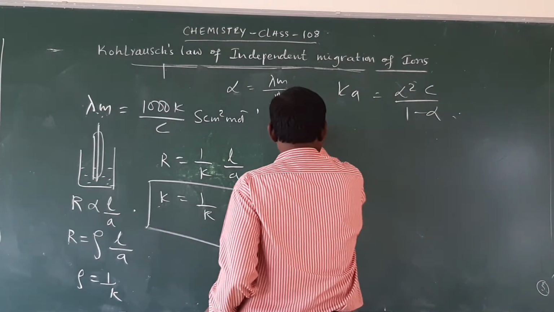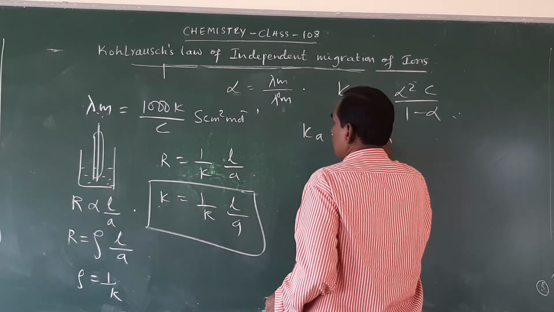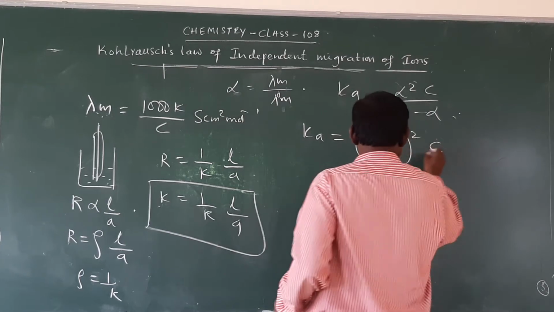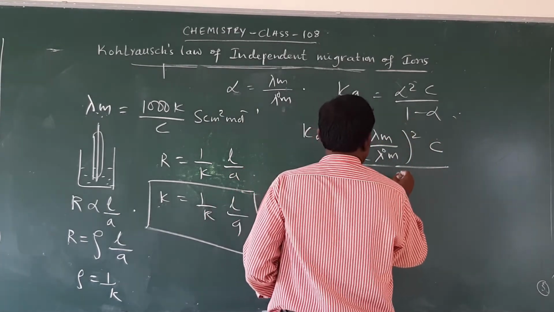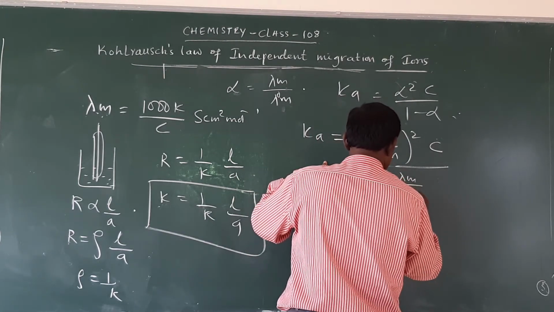If you substitute this value here, K is equal to lambda m divided by lambda naught m, whole squared, into C divided by 1 minus alpha. Alpha is nothing but lambda m divided by lambda naught m.